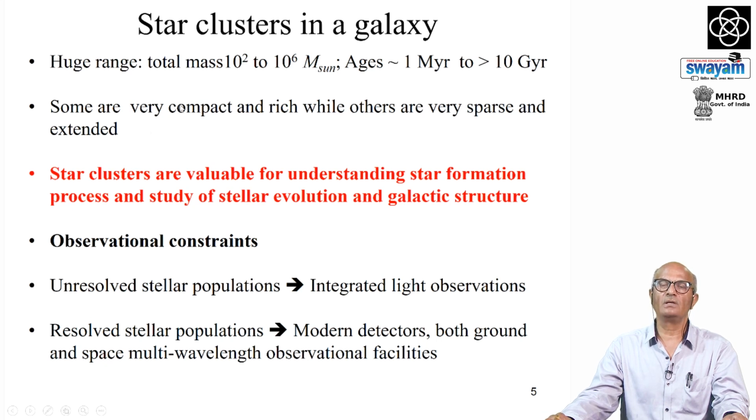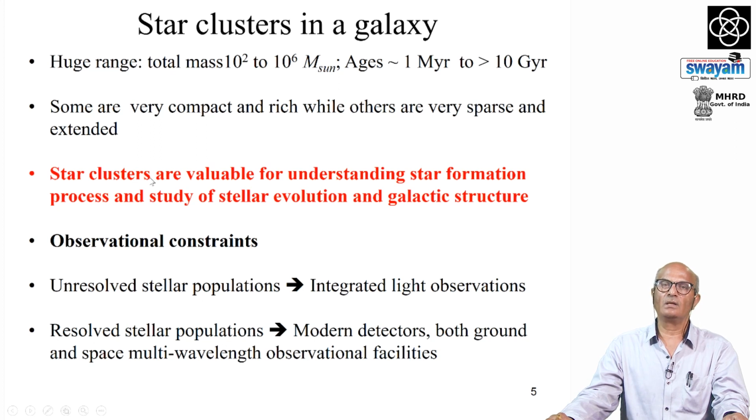And structure wise, some are very compact, that is why they are called globular, they are rich, while others are very loose, and because of loose structure they are sparse, gravitationally not tightly bound, and hence extended.